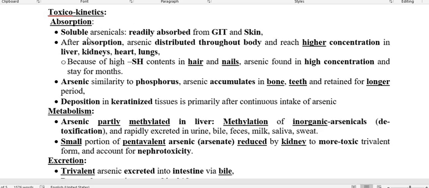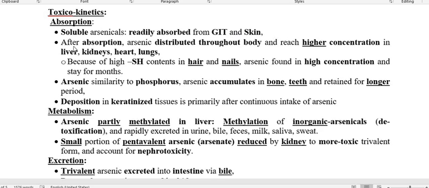Arsenic is readily absorbed if it is soluble, and the trivalent form is more soluble. It is absorbed from the gastrointestinal tract. Arsine gas is absorbed from the respiratory passage, and arsenic is also absorbed through the skin. So arsenic is readily absorbed from the gastrointestinal tract as well as the skin, whereas arsine gas is absorbed from the respiratory passage.